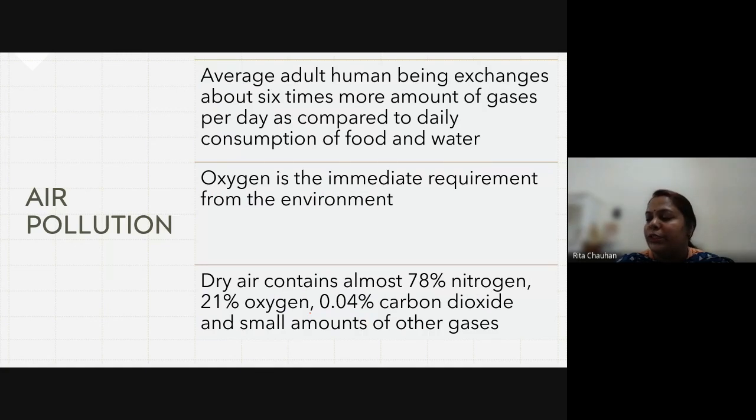Oxygen is the most important requirement for all living beings, not for human beings only. Animals also require oxygen. Plants also require carbon dioxide. So everyone requires clean gases.